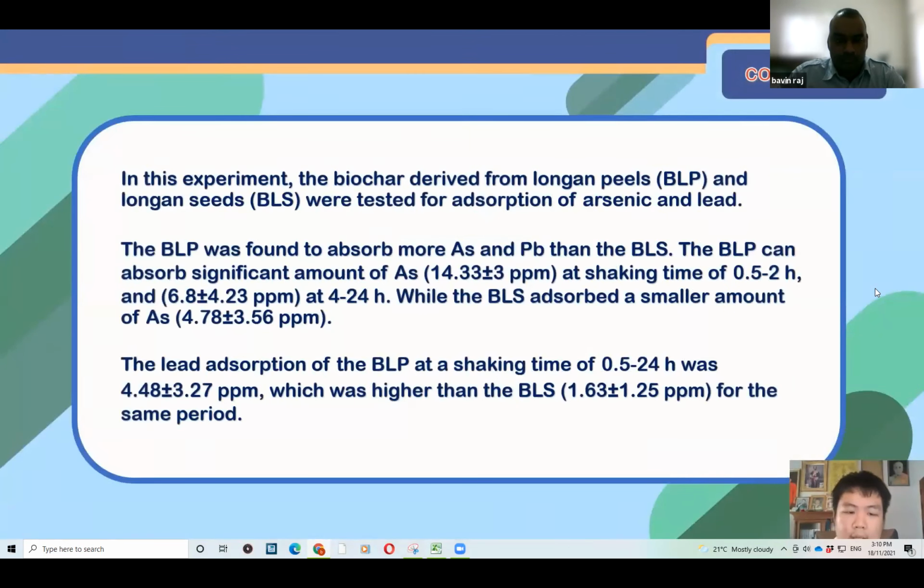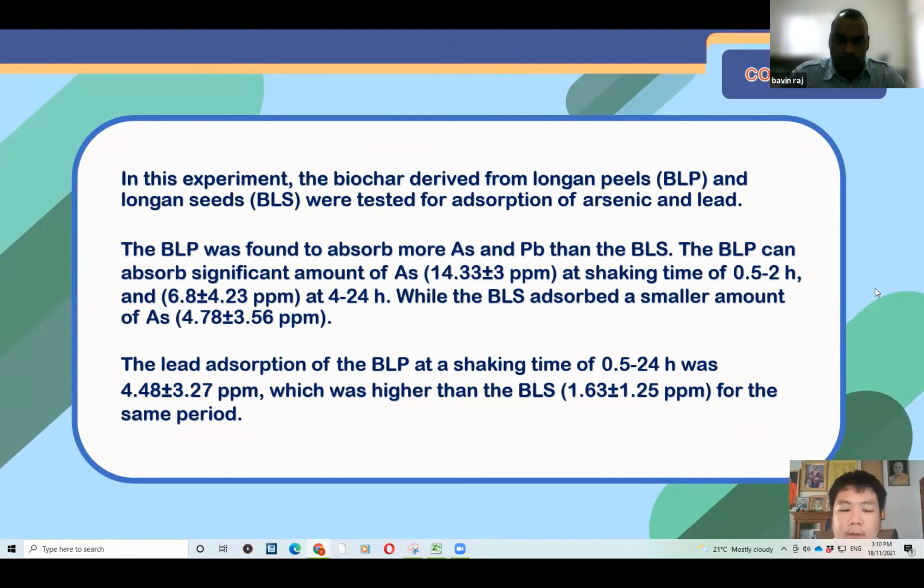Conclusion: in these experiments, the biochar derived from longan peel and longan seeds was tested for the adsorption of arsenic and lead. The BLP adsorbed more arsenic and lead than the BLS.